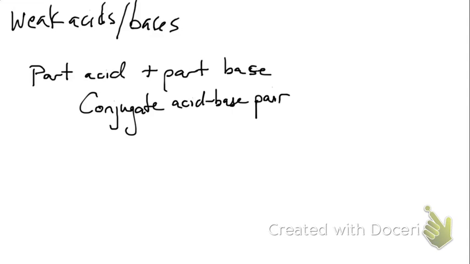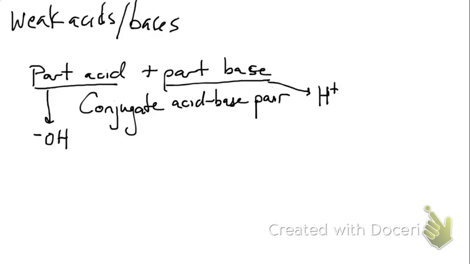And so what happens is the acid, the part acid, will take and remove this from the solution. The base will remove that from solution. And so what we can see is things will be in constant, or will be in equilibrium.